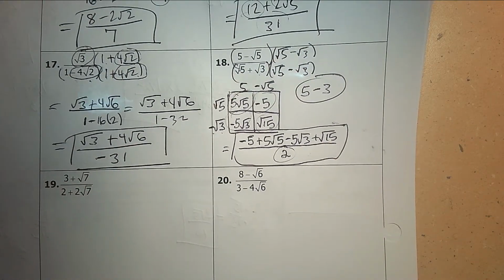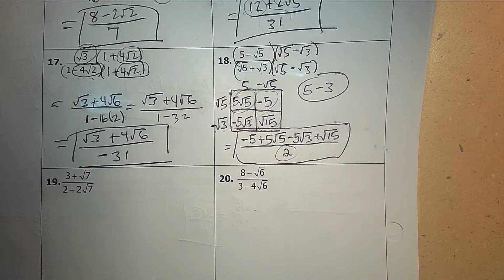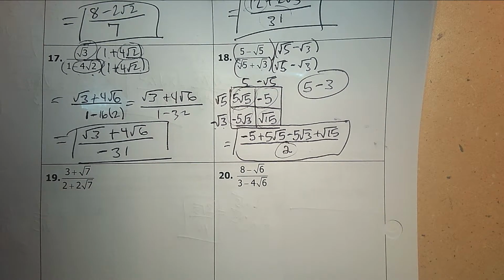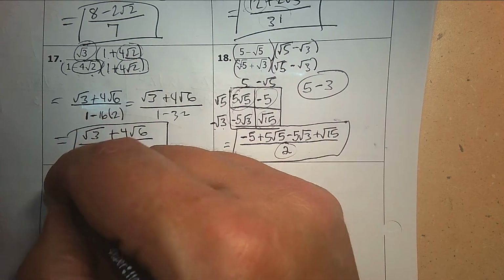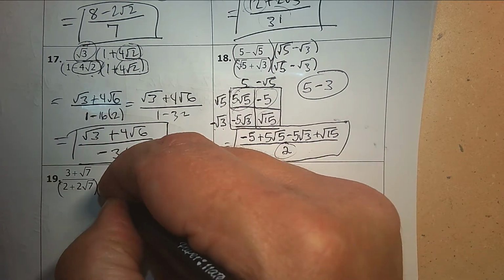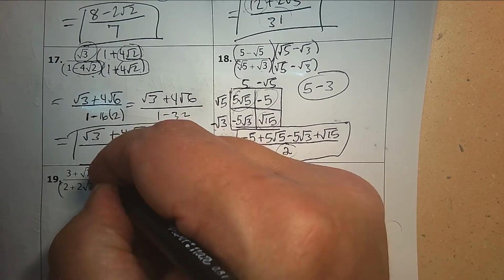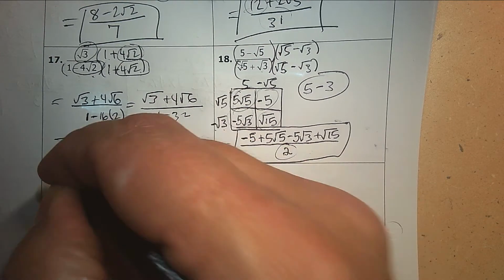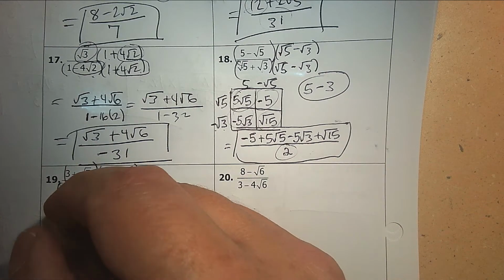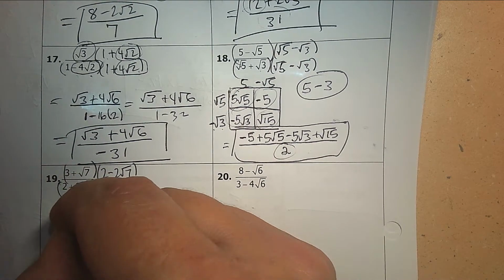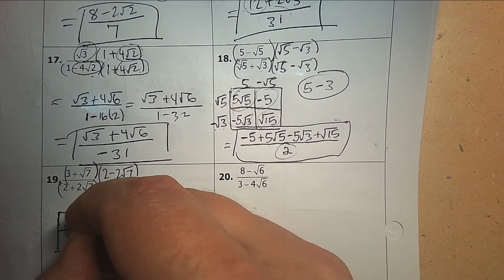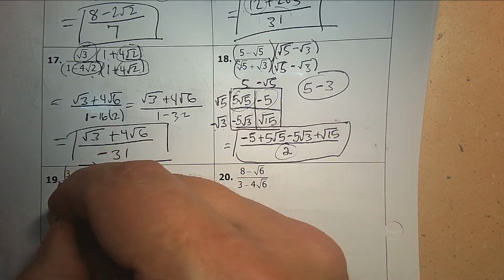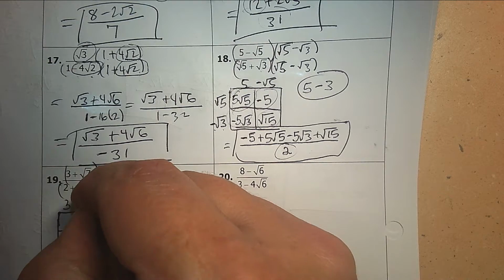These take the most amount of time when you have a binomial over a binomial. So first, is there anything simplifiable? Second, you need to do the conjugate, top and bottom. The numerator is going to require us to FOIL, and if you find it easier to draw a square, an area model here, to be able to distribute, then that's what you do.